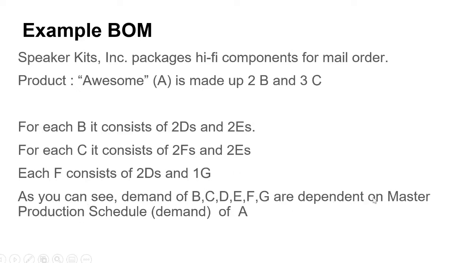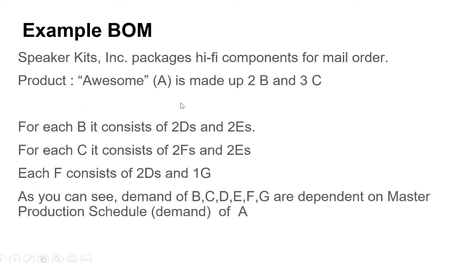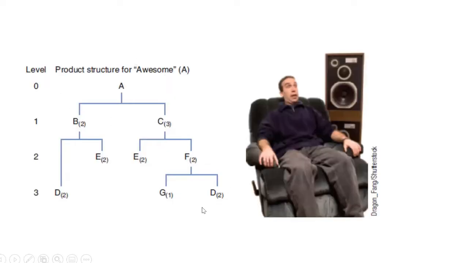And these are all dependent demand, because in order for us to complete 1A, we need all this. If not, A won't be able to be completed. Understand? From here, we develop the so-called bill of material, or product structure.